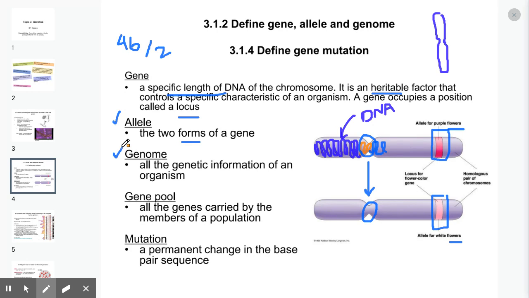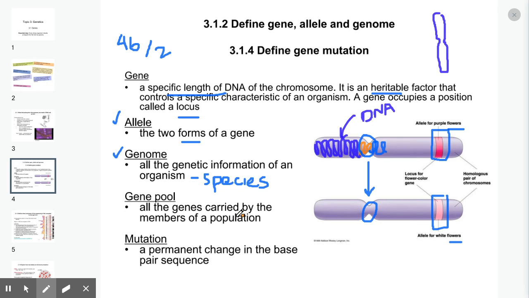The next term, genome. So this is all the genetic information of an organism. Sometimes even species, sometimes we'll talk about your personal genome, but also of all the organisms of a species as well. Gene pool, now we're taking all of those individuals of the same species, and looking at all the genes.